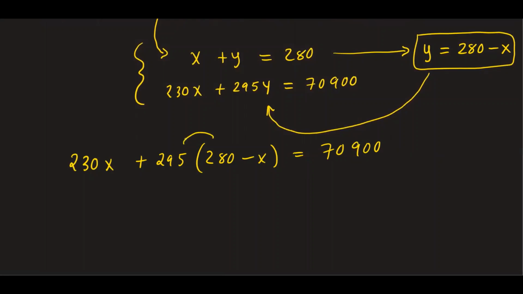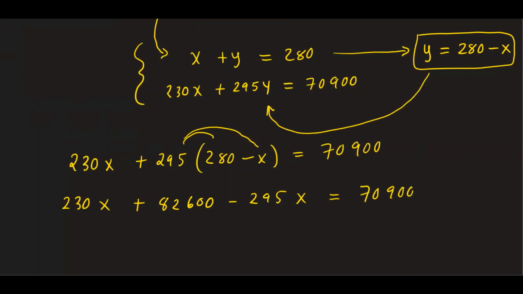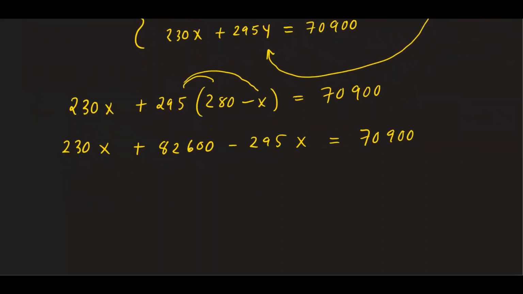Let's go ahead and distribute 295 to 280 minus x, so if you do 295 times 280, that's about 82,600 minus 295x is equal to 70,900. And now I can start combining like terms. So 230 and negative 295, those are like terms.